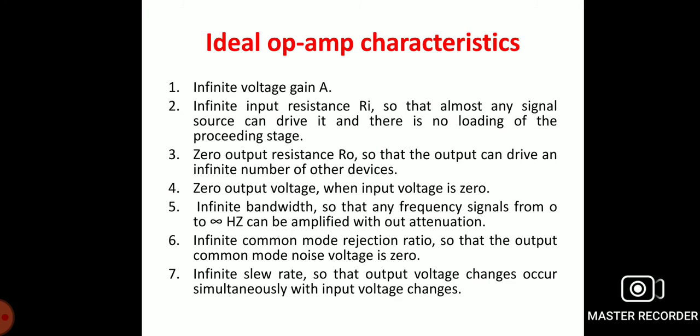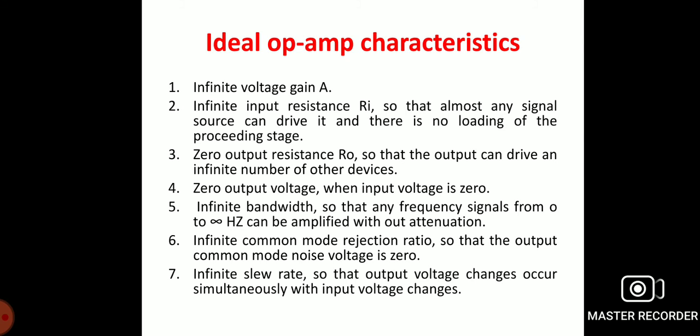Now we can move to the function of the operational amplifier. An operational amplifier is a direct coupled high gain amplifier. It consists of one or more differential amplifiers followed by a level translator and an output stage.